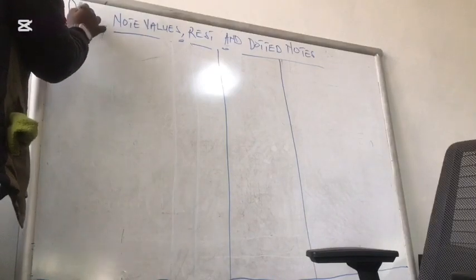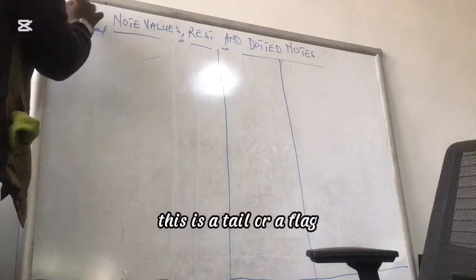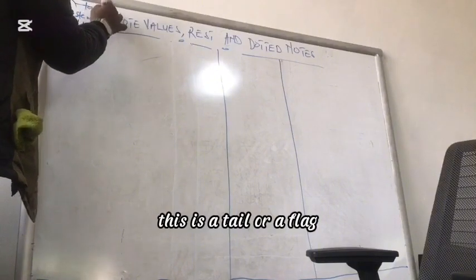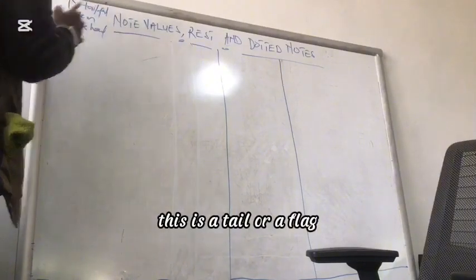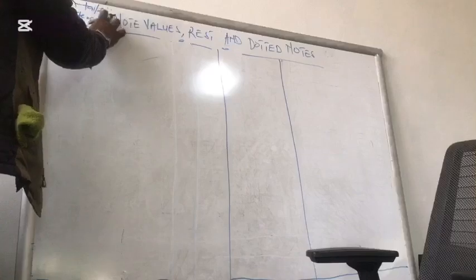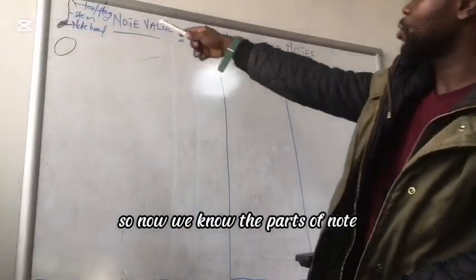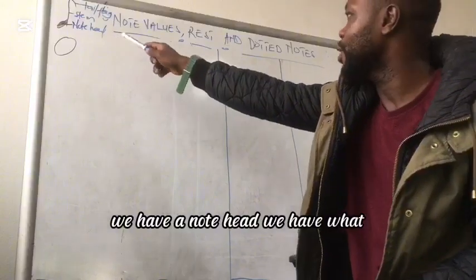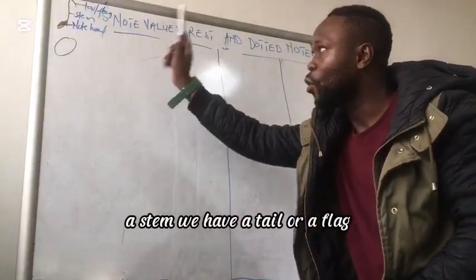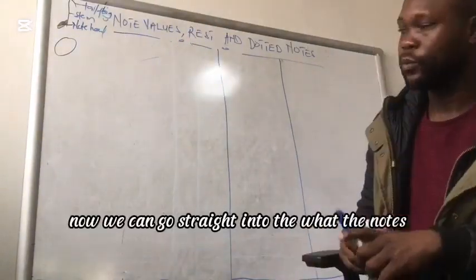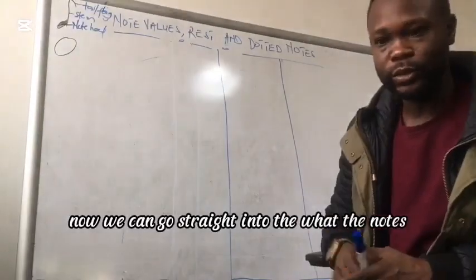Then this is a stem. Then this is a tail or a flag. So now we know the parts of a note. We have a note head, a stem, and a tail or a flag. Now we can go straight into the notes.